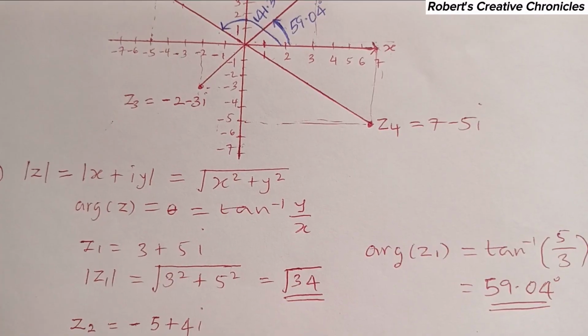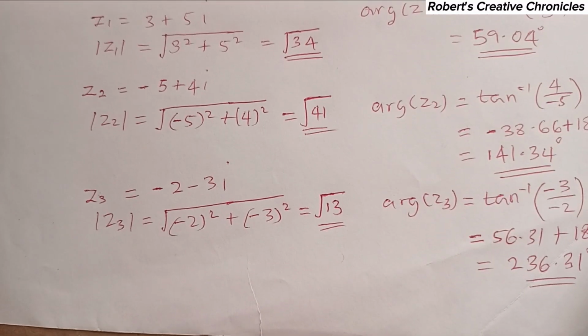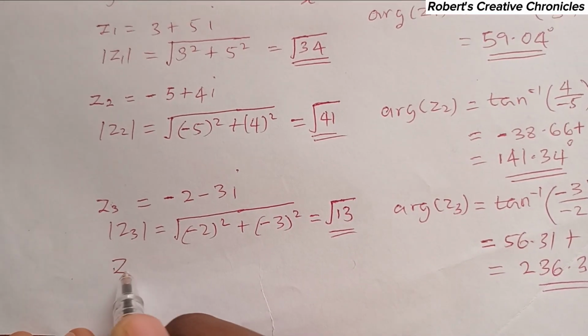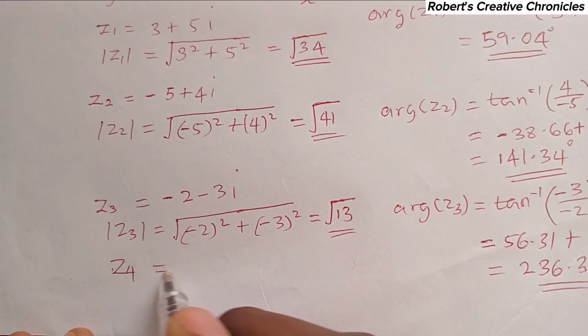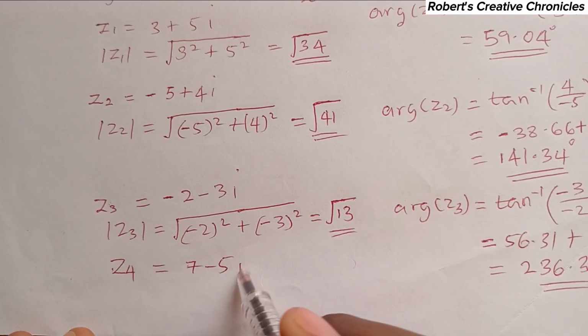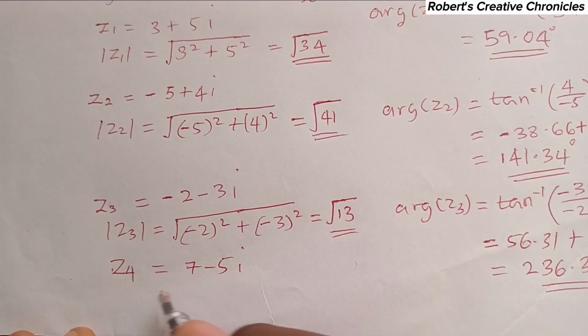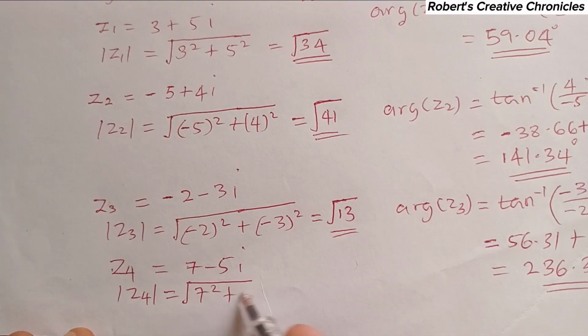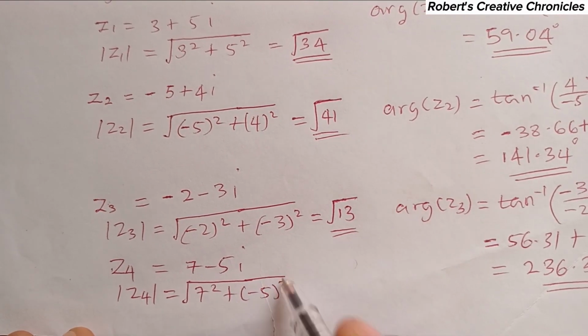So let's find it. Now Z4 is what? It is 7 minus 5i. Now the modulus is 7 squared plus negative 5 squared.